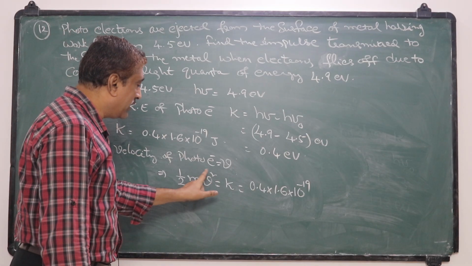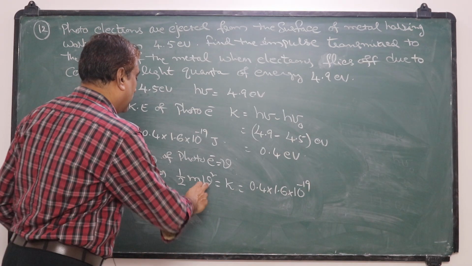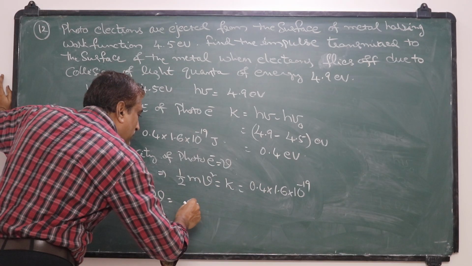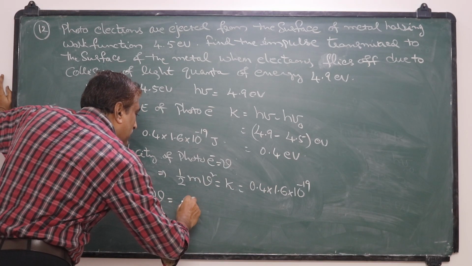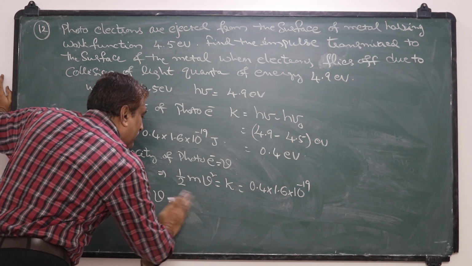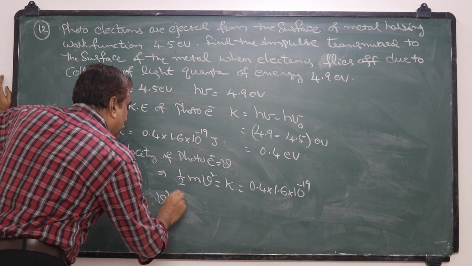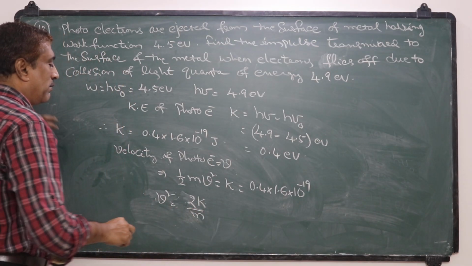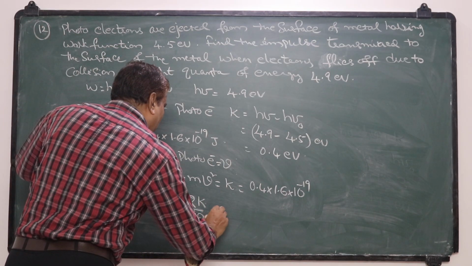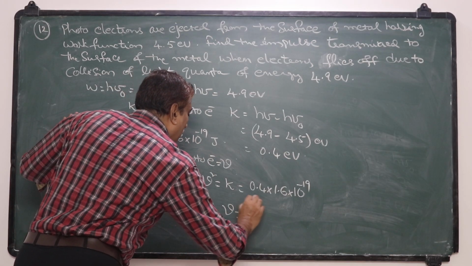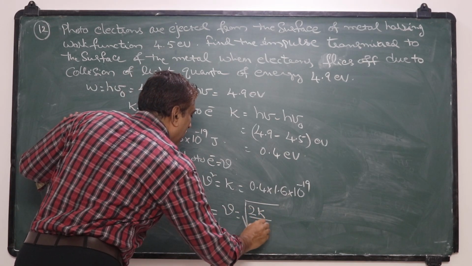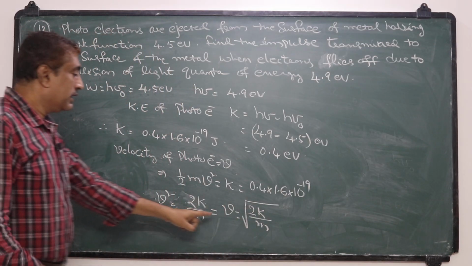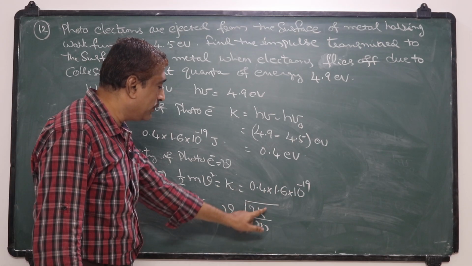So v² is equal to 2K by m, which implies v is equal to the square root of 2K by m.